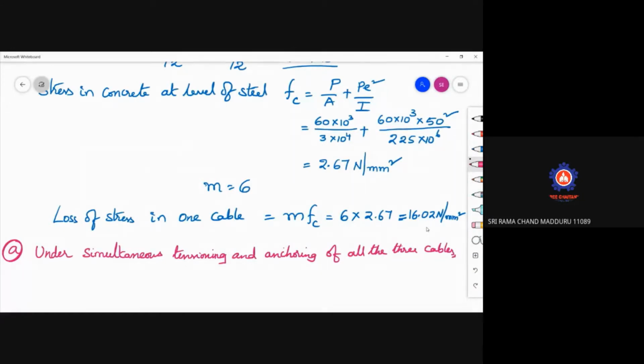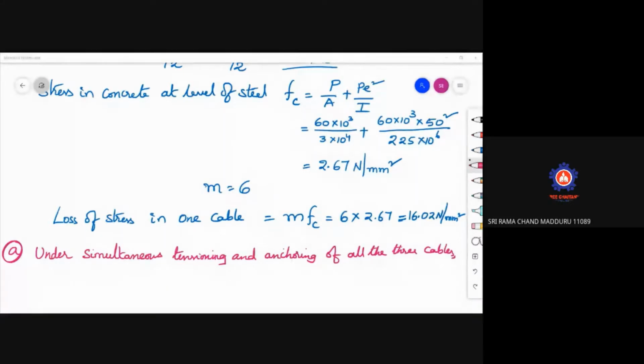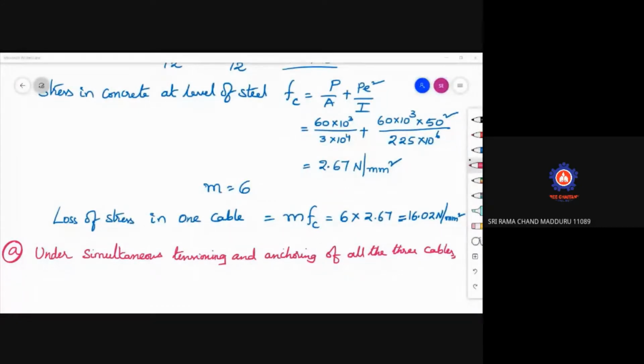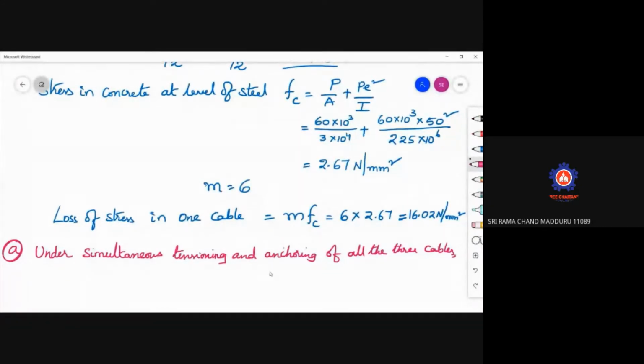So under simultaneous tensioning and anchoring of all the 3 cables, there will be no loss due to elastic deformation.